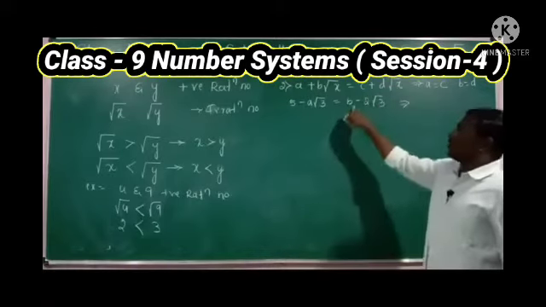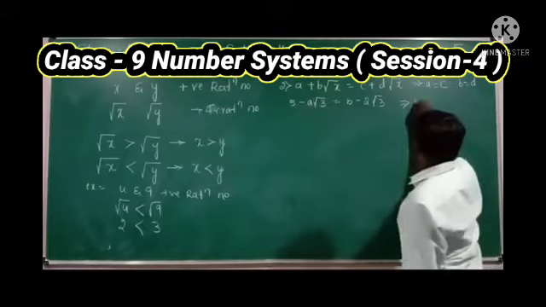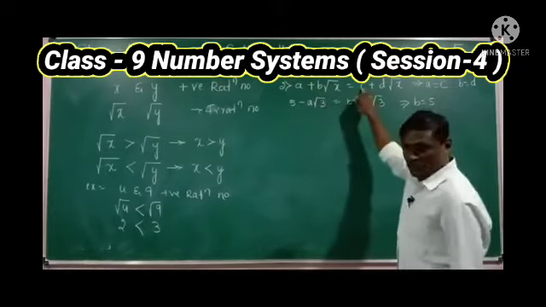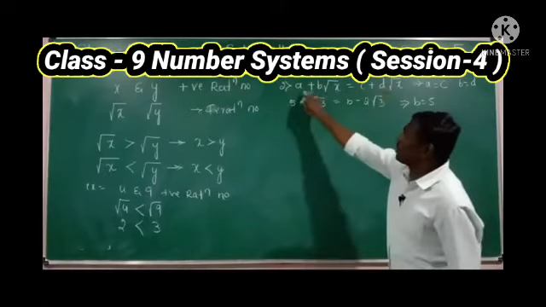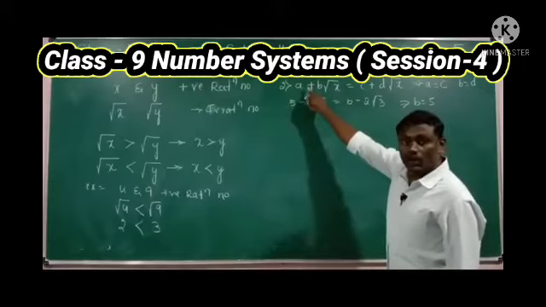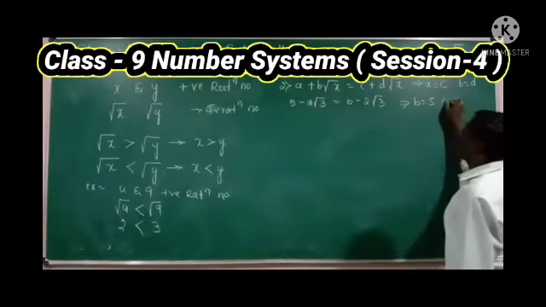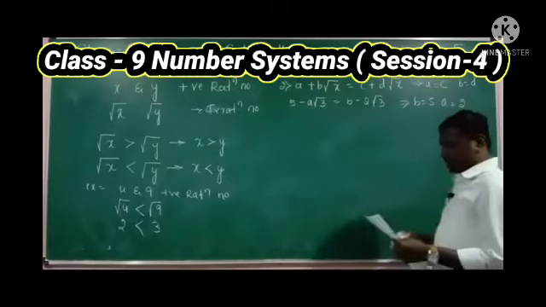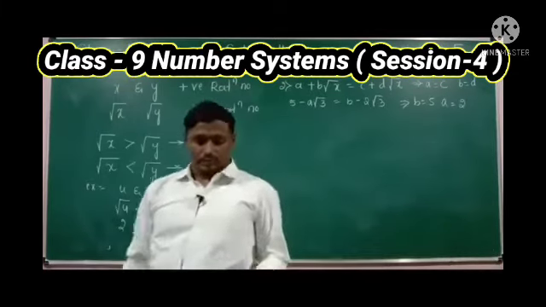Here b is equal to 5 and a is equal to 2. So this is the second property.